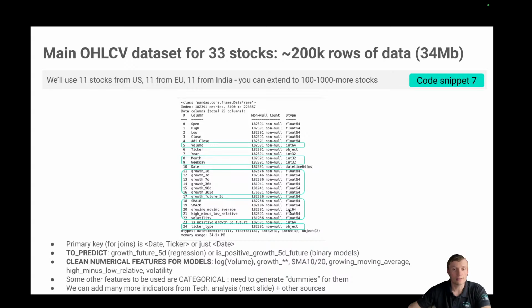It's called numerical features. But for some others like months and weekday and ticker type, we will need an additional level of transformation, and we will need to generate dummy variables. That's for each value of say ticker type, we will create one column of zeros and ones to separate 3 different values of a ticker type.